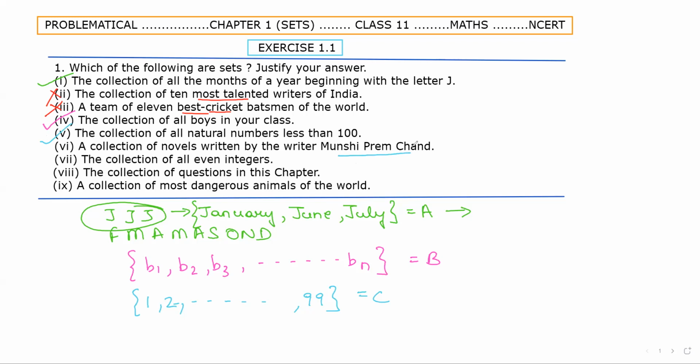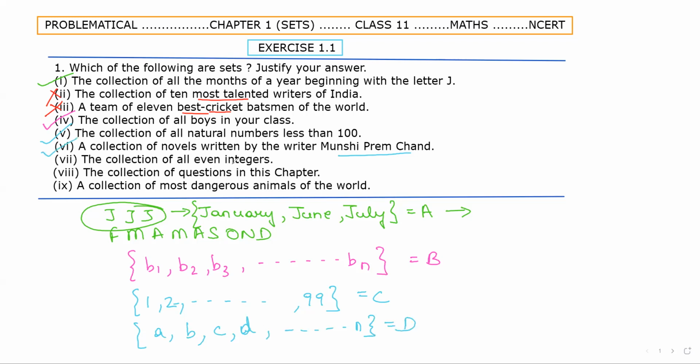You cannot have 1.5 books. So there's no ambiguity. There's a fixed number. And all these book names can be represented in the form of a set: the first book name, second book name, third book name, fourth book name, they can be mentioned till your final number, say n. That's why it is a set.